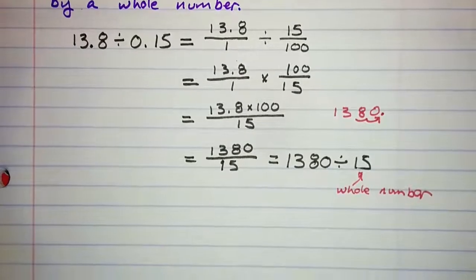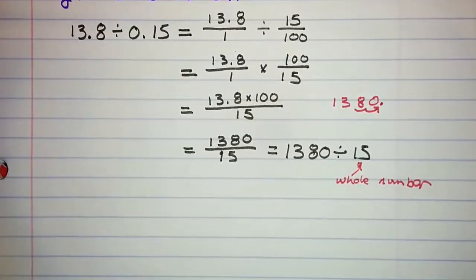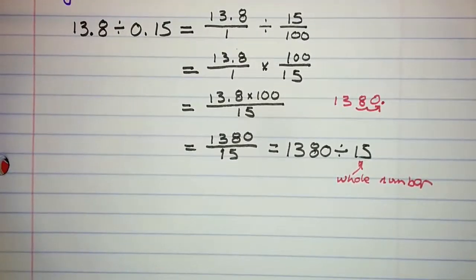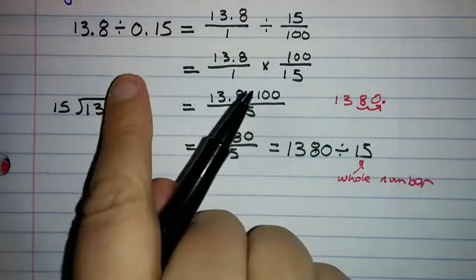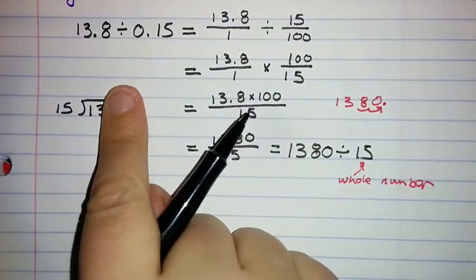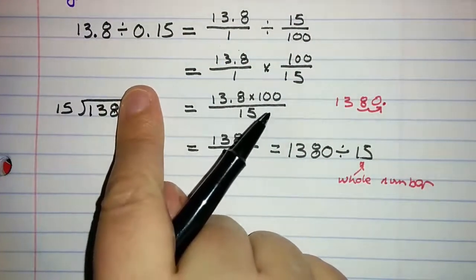All right. It looks like I'm playing really fast with this, right? Let's make sure that works before we go on any further. Let's do this division. 15 goes into 13, not at all. It goes into 138.